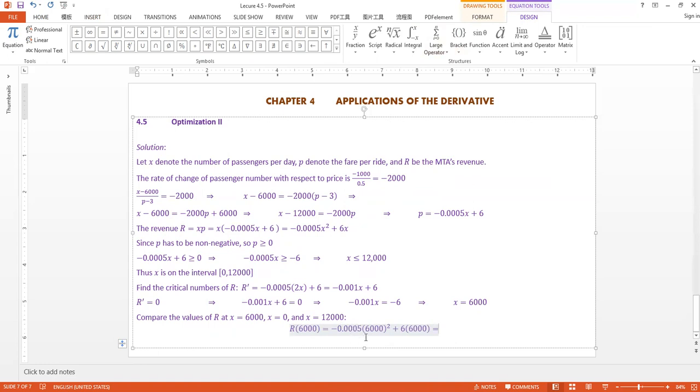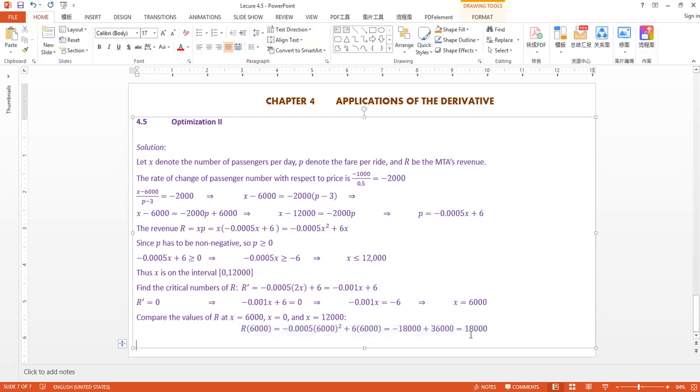Negative 3 times 6,000 is definitely negative 18,000. 6 times 6,000 is 36,000. At the end, we get positive 18,000. So that's the R value at x equal to 6,000.